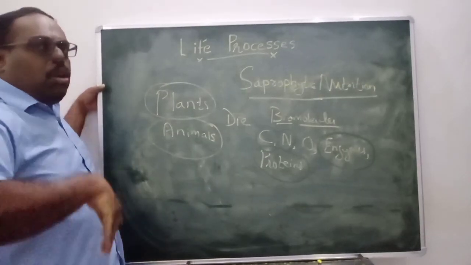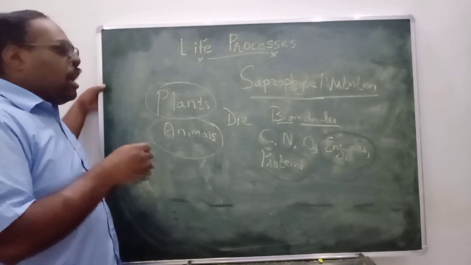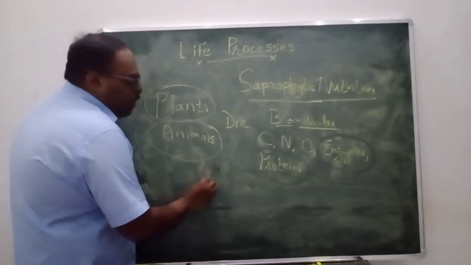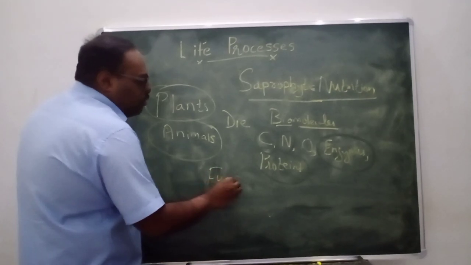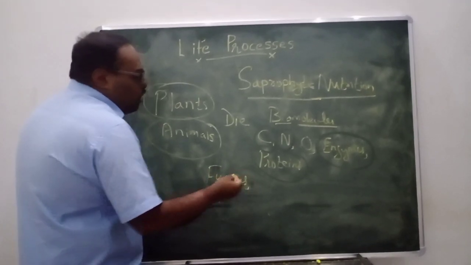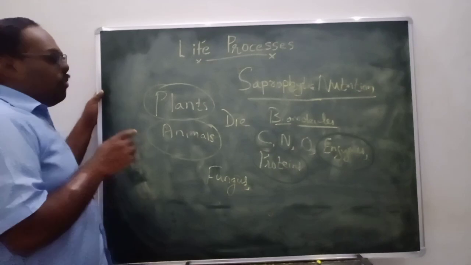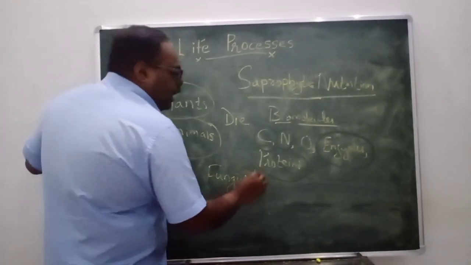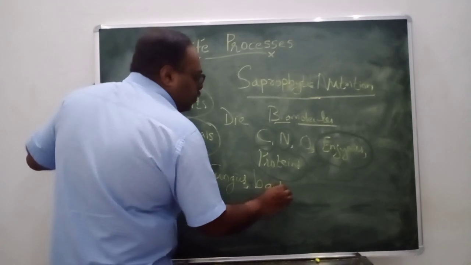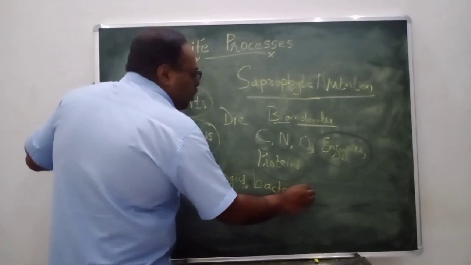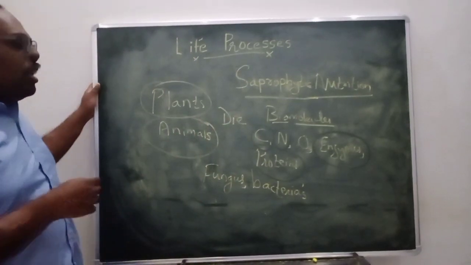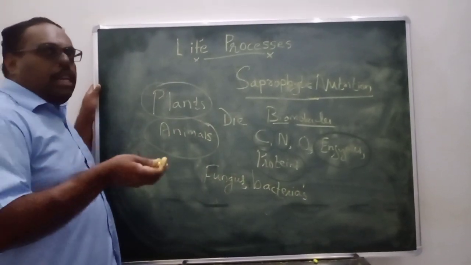One of the few examples for saprophytic nutrition is fungus, which grows wherever dead plants are there, and some bacteria will act on our human dead bodies whenever the body is dead.